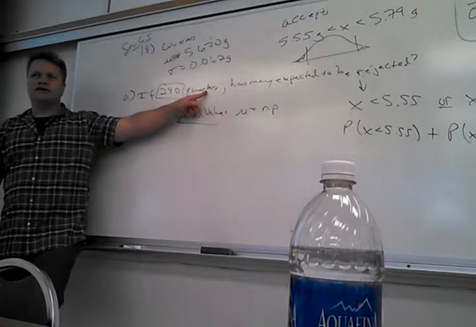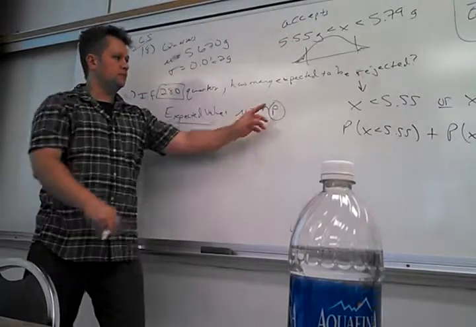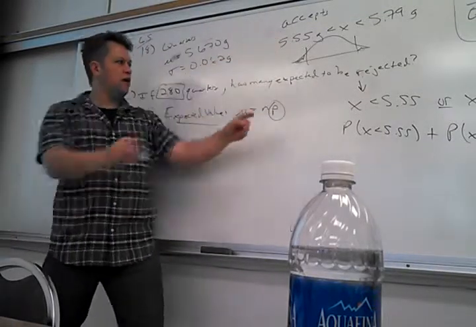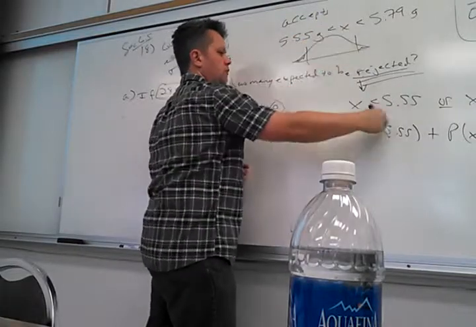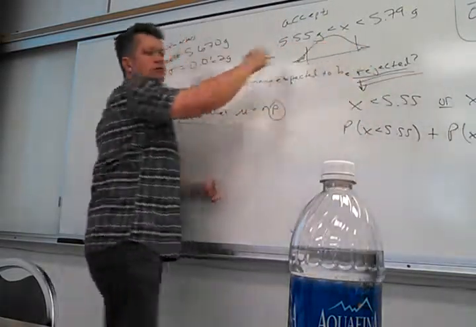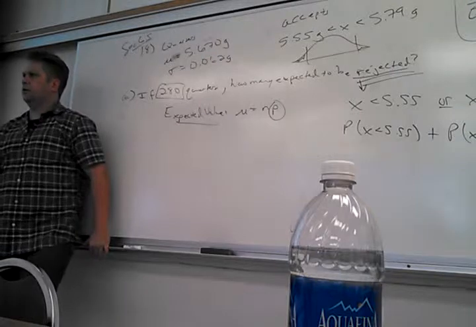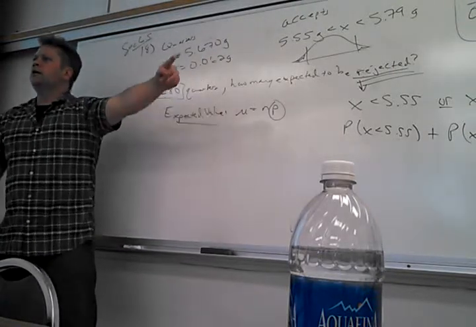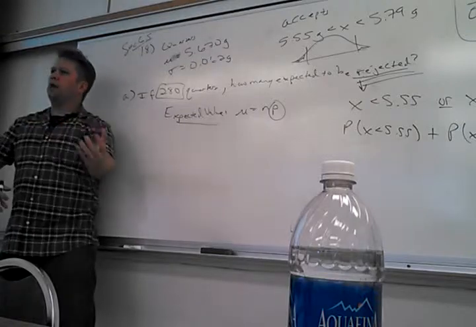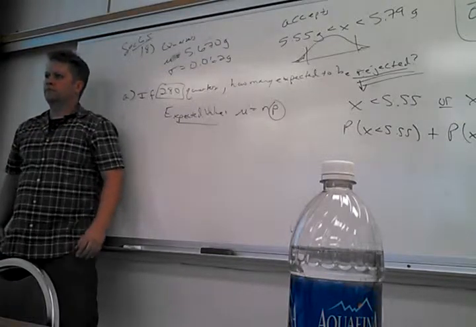So in order to figure this out, I have to figure out what P is. Well, what's P? It's going to be the probability something's rejected. And now I can figure out how to even say the question based on how many are going to be accepted. Right? So that's what's going to make it rejected. So how do I do each of those? You find a z-score, you look it up, get the percentage.